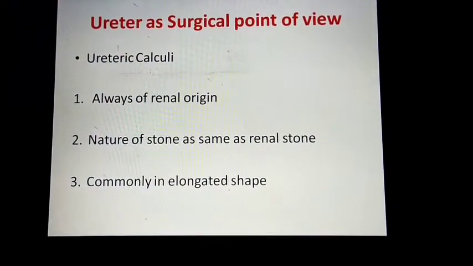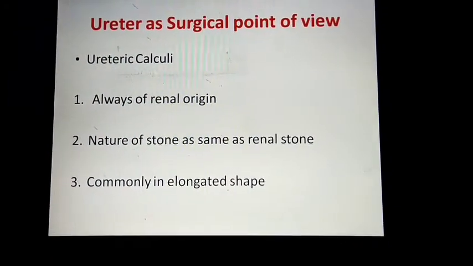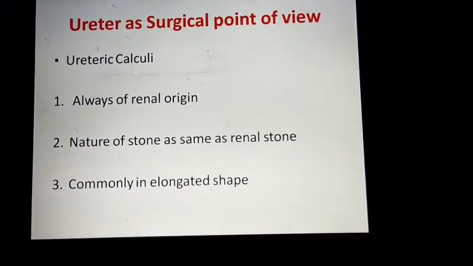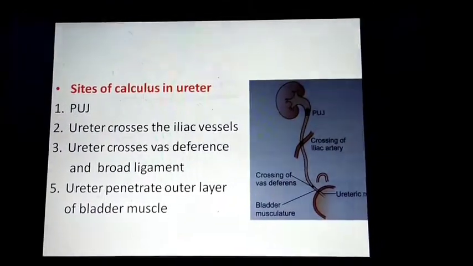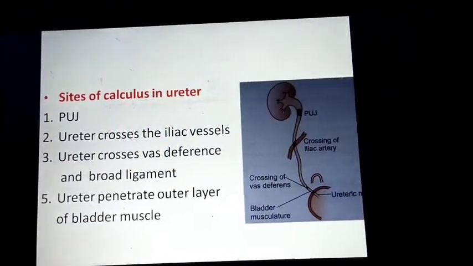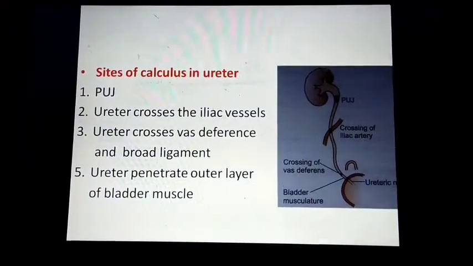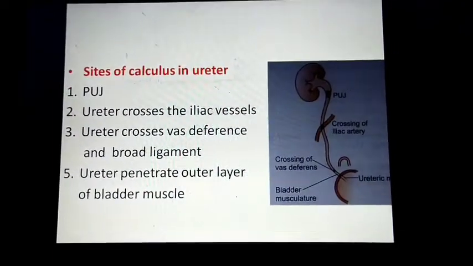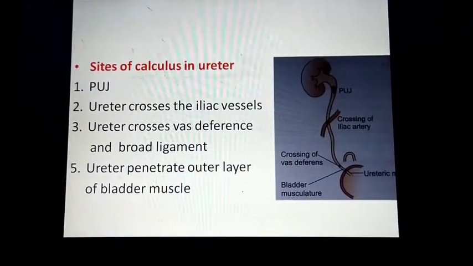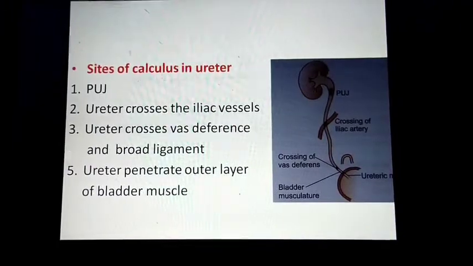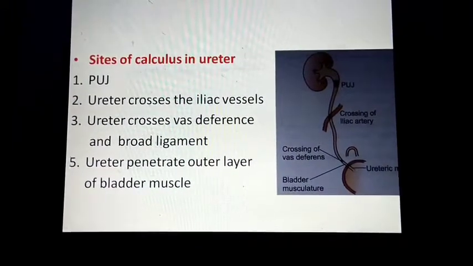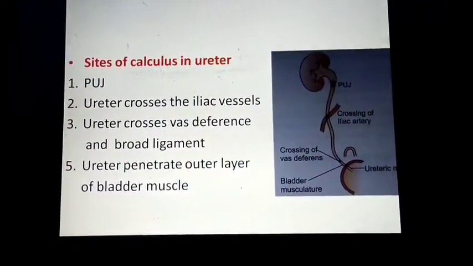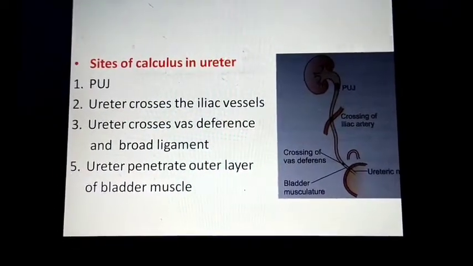The nature of the stone is the same as a renal stone, commonly elongated in shape. Sites of calculus in the ureter: most of the time they are obstructed, because the ureter is 3 to 5 mm in diameter. It will expand up to 7 or 8 mm, and up to that size the stone will come into the bladder.